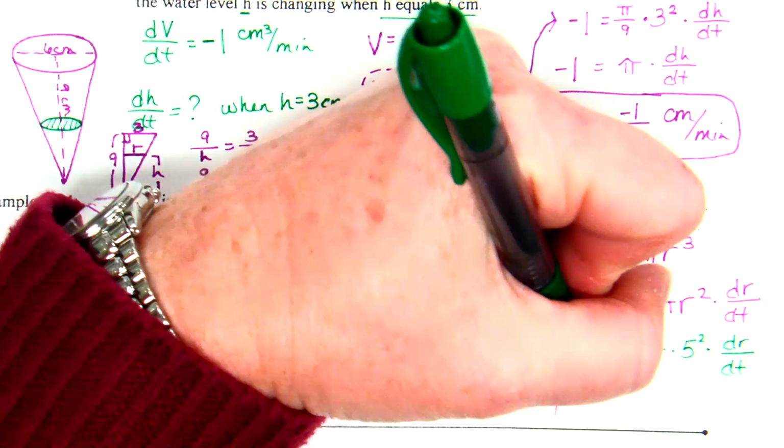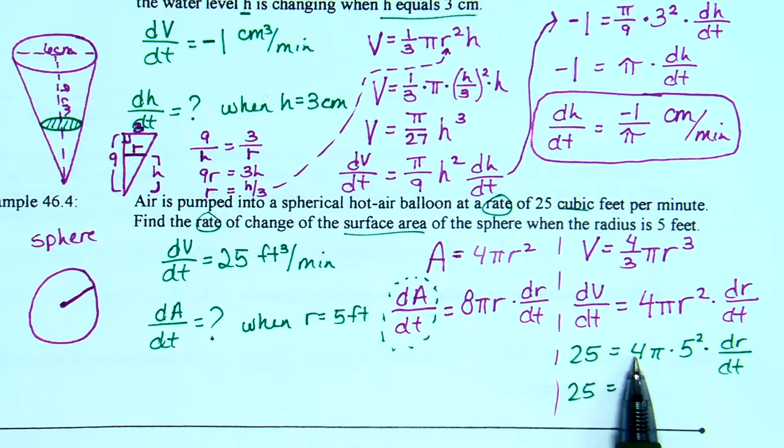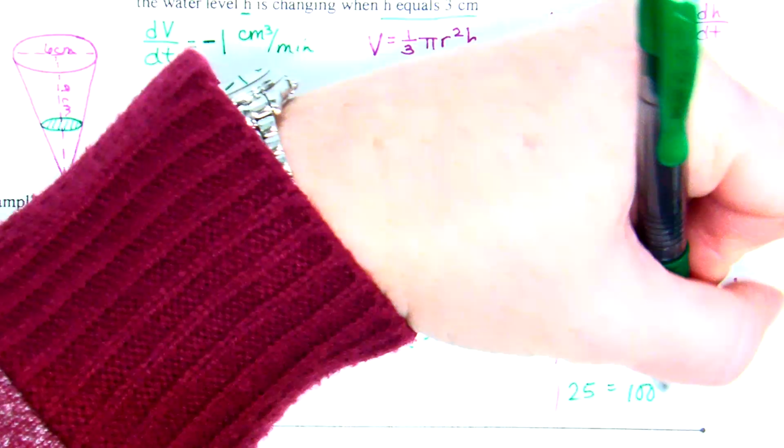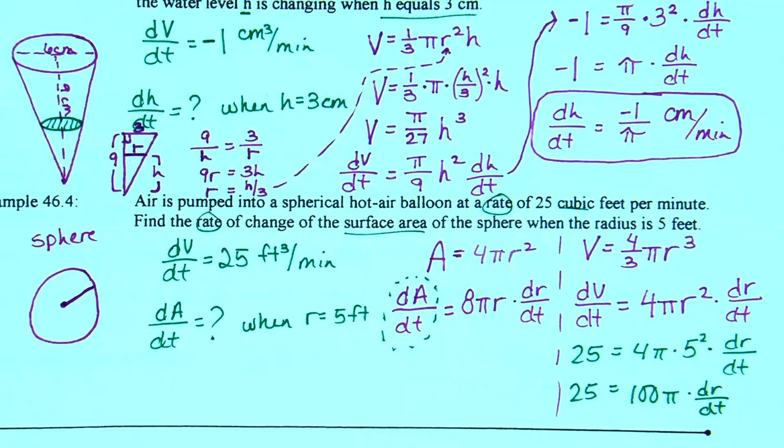Now the advantage of this is I can use this equation to find dr/dt. So 25 equals, 5 squared is 25 times 4 is 100 times pi, so 100 pi times dr/dt. If I'm trying to solve for dr/dt, I'm going to divide by 100 pi.